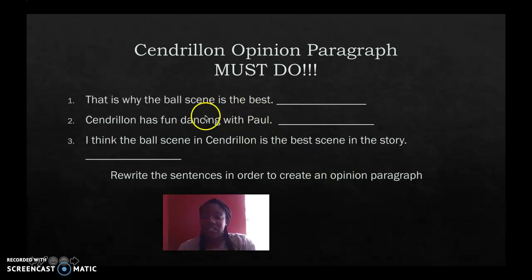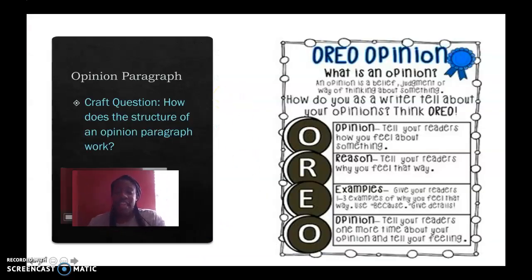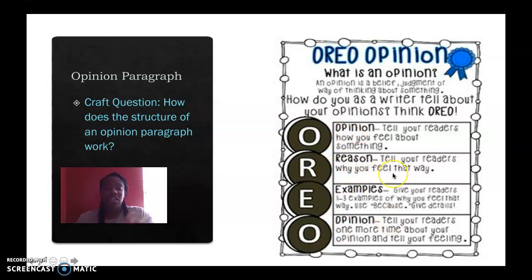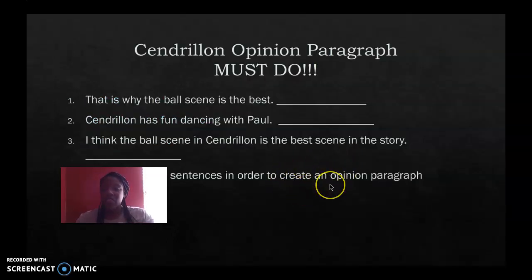And boys and girls, these are the only 3 sentences that you are using, but again, they're out of order. I want you to write them in order so that they will make sense with the OREO that we're going to use to write our opinion paragraph. So the first, it would say the opinion. Tell your readers how you feel about something. So which one of these sentences tells the reader how they feel about something?